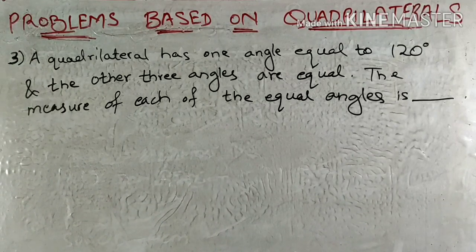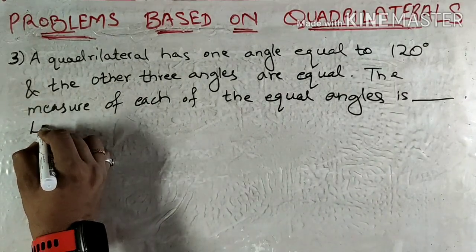So we know one of the properties that we have studied in previous classes, that is the angle sum property of a quadrilateral, which says that the sum of all the angles of a quadrilateral is 360 degrees. So for that we need to first assume the three angles which are equal.